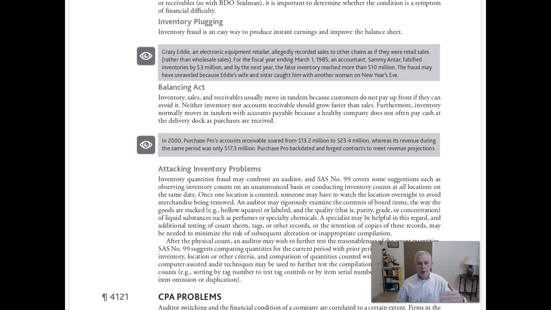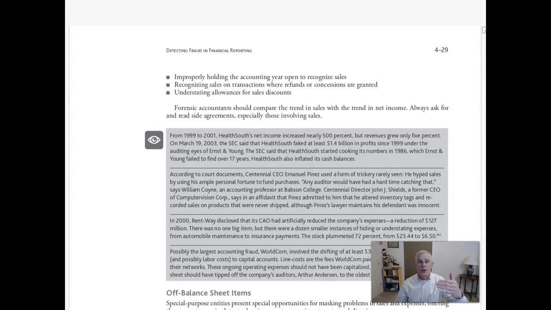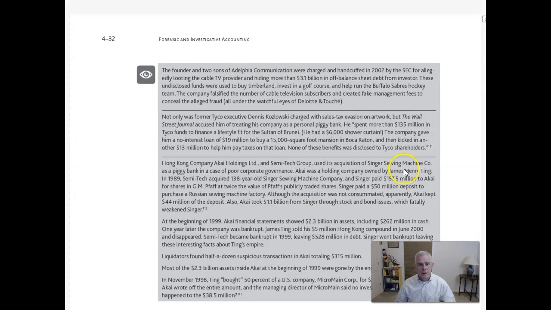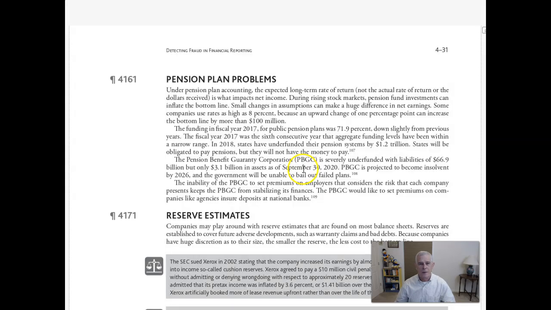So various pages here. Read through this. Great information in through here on what you need to look for to detect fraud. So let's jump to page 31. Whoops, I went too far. Let's go back. Nothing on that page. Okay.